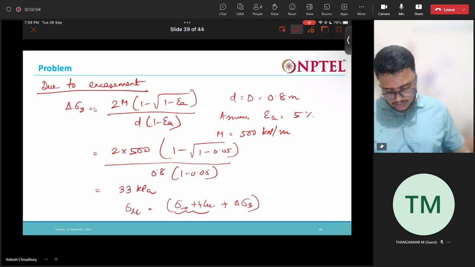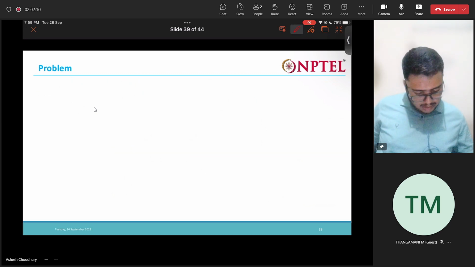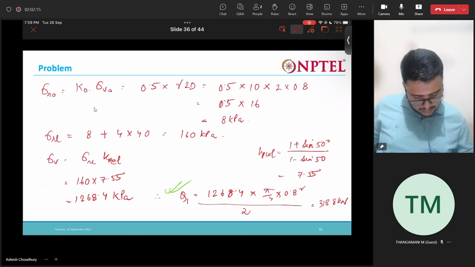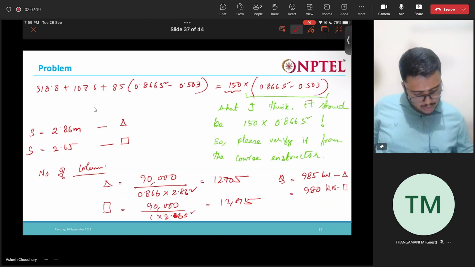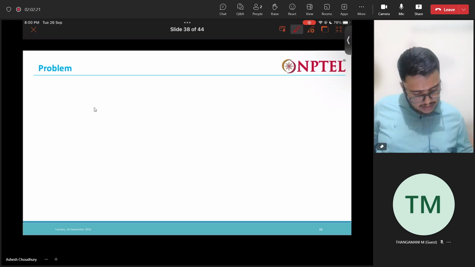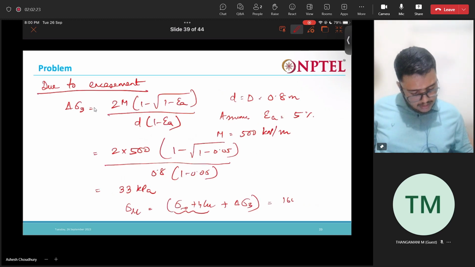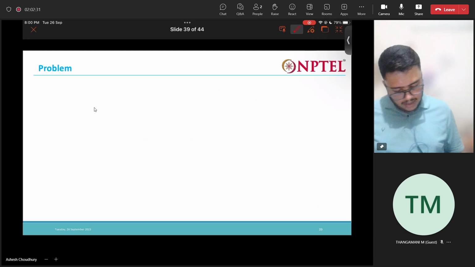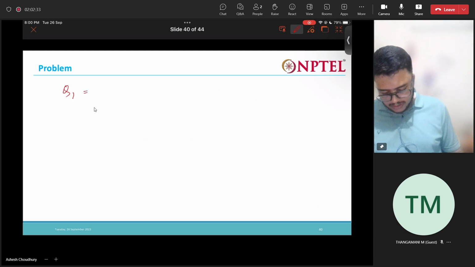So initially how much sigma RL was there? Let us see. 160 kPa. So with this 160 kPa, this 33 will get added. So it will be 193 kPa. Okay.